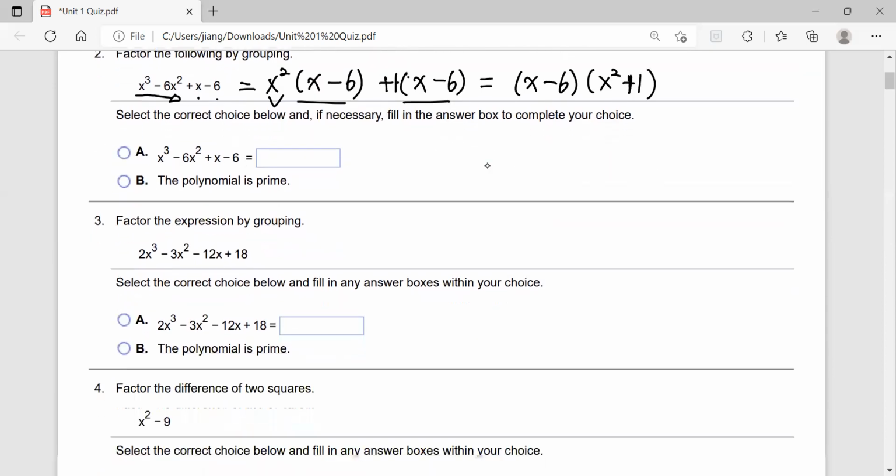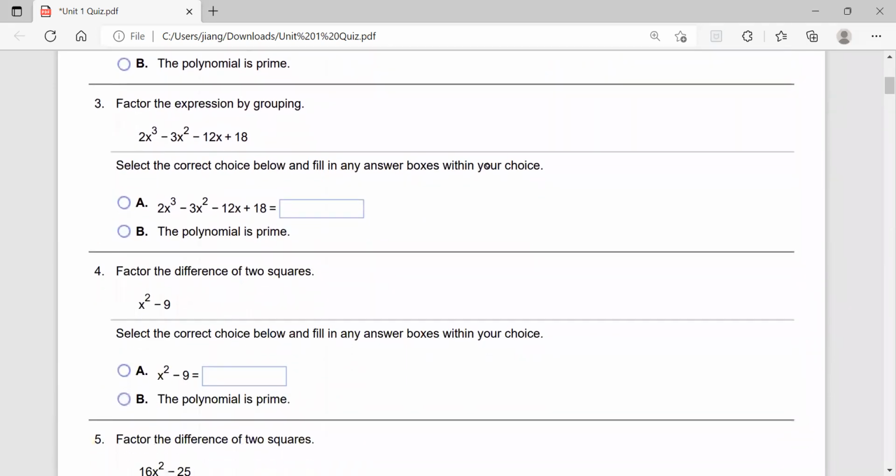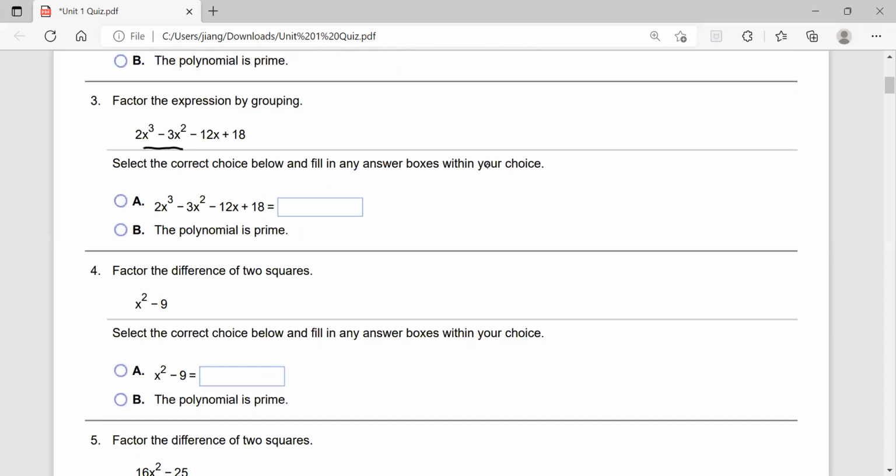And then next one, factor the expression by grouping. The same method. So for the first two, we factor out the x squared. We have 2x minus 3. And then for the rest of them, I must create 2x minus 3. That means I need to factor out the negative GCF.